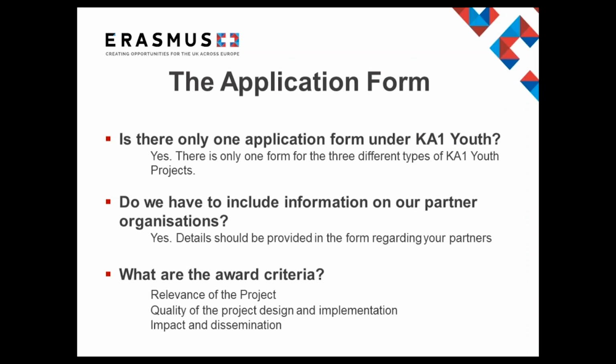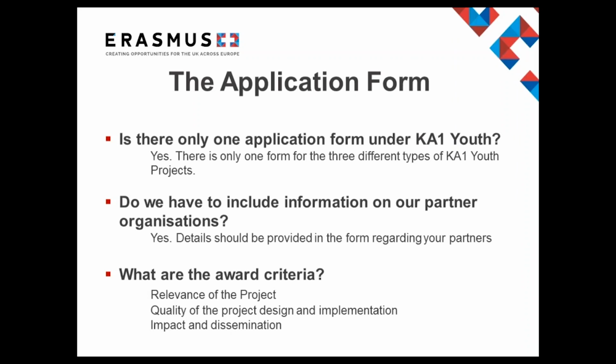So organisations have asked us if there is only one e-form for the 3 different types of projects under Key Action 1 Youth. The simple answer is yes. The form will, however, differentiate in specific sections. For example, new sections will be generated if you are to pick an EVS activity within the activities details section. We've also been asked, do we need to include our partner information on the application?